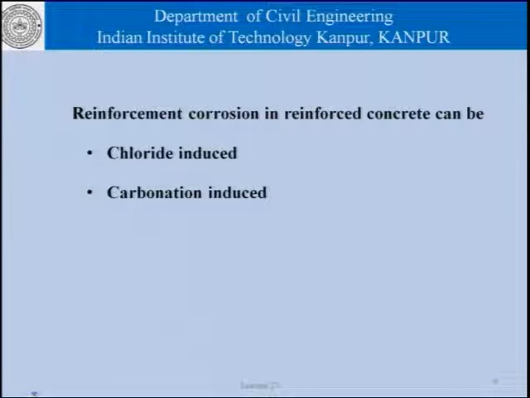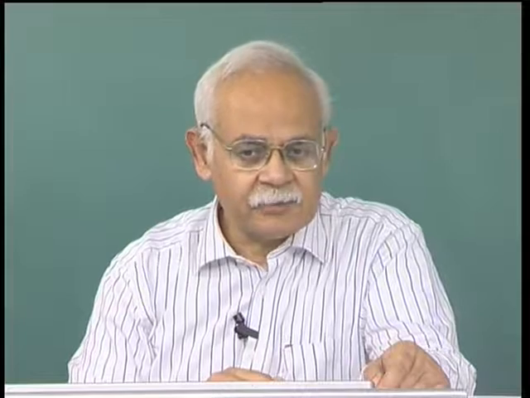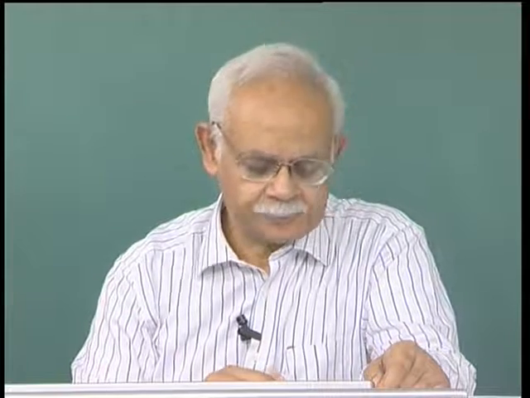We had also talked about the fact that basically reinforcement corrosion in concrete is either chloride induced or carbonation induced, and in the case of chloride induced reinforcement corrosion, the passivating film is damaged even though electrochemically the environment itself does not change, that is, the passivating film can theoretically, thermodynamically still remain stable.